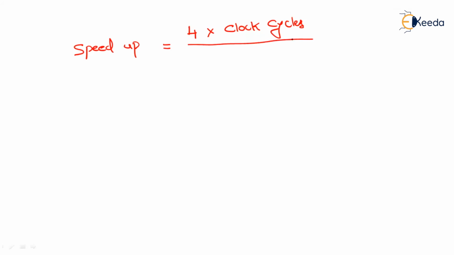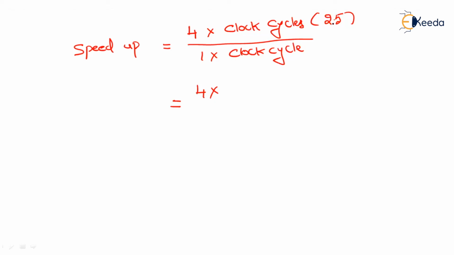Pipeline system is 1 into clock cycles. In a non-pipeline system, 4 into clock rate is equal to 2.5, right? So that is 4 into T, where T is equal to 1 by F, the clock cycle.